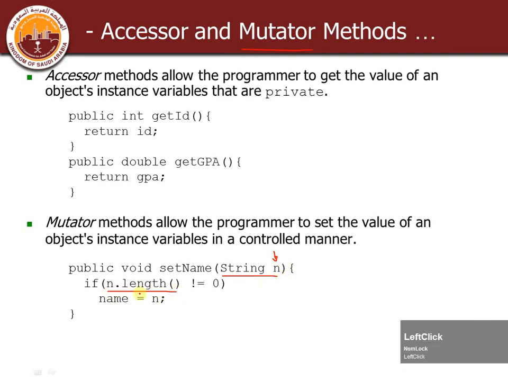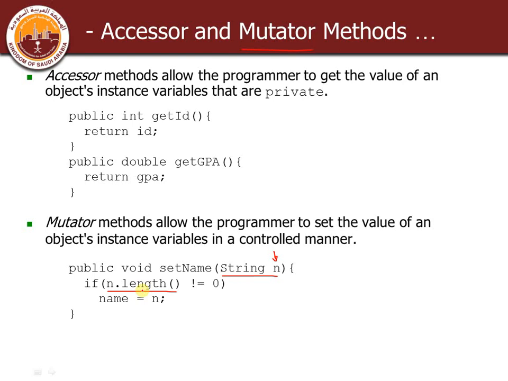If the length, remember the length, what does the length do for the string? It counts something. How many numbers? How many letters? How many characters, to be more precise. It counts how many characters, because it can be a comma or a space, and it will count that as well.